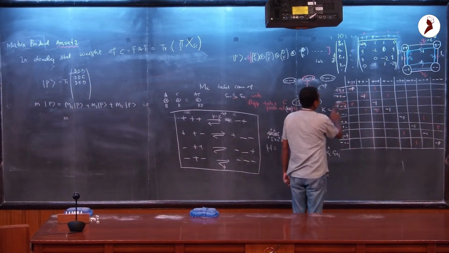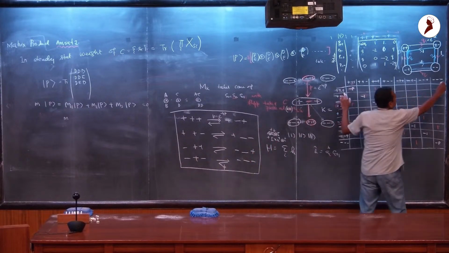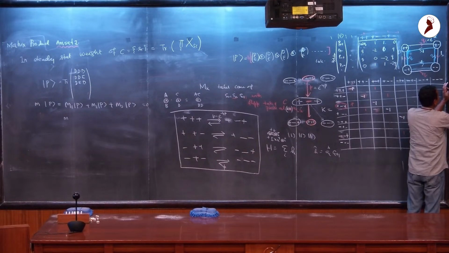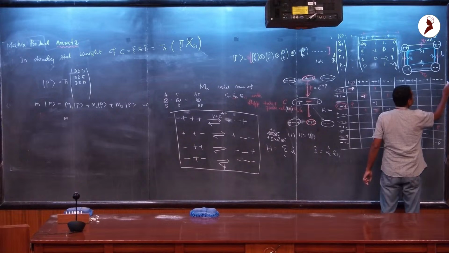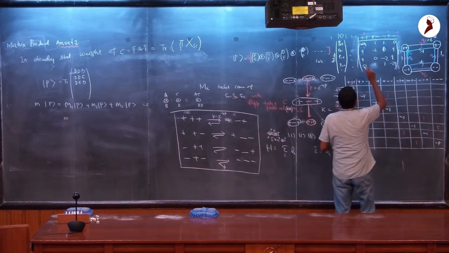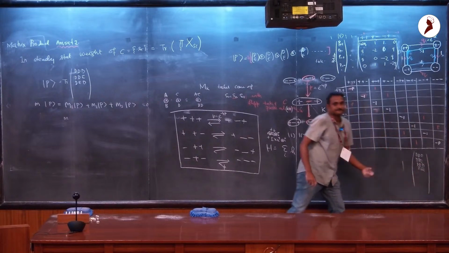So let us take the first one. What is the first one operating on? There is a vector here: DDD, DDE, DED, DEE, like that. So all the 8 elements are there.